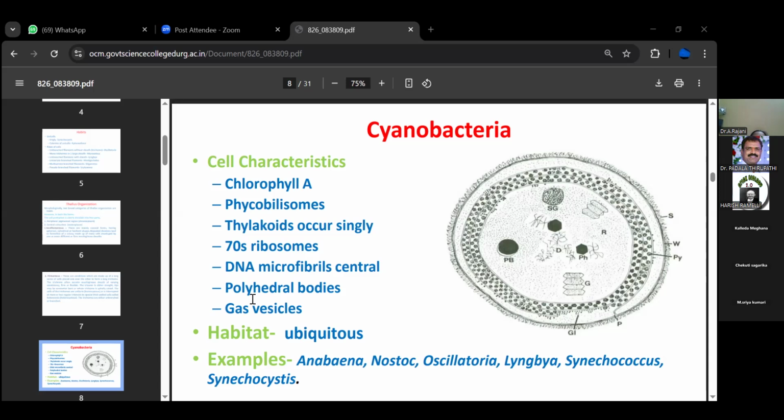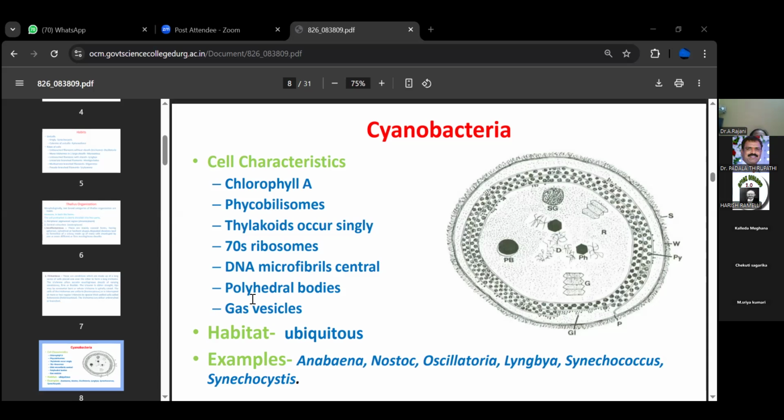Okay, these cyanobacterial cells are more elaborate, larger than bacteria. Another one, typical prokaryotic cell structure: naked DNA, 70S type of ribosomes, one envelope organization with the cell wall, peptidoglycan. This is a characteristic feature of the prokaryotic cell.